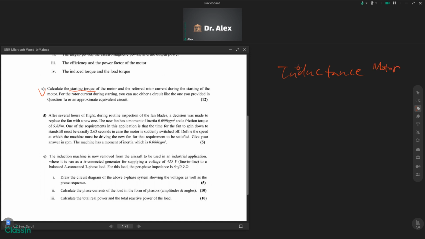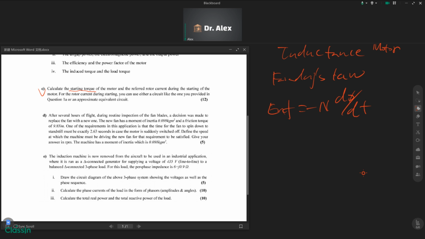As I said previously, the basic physical law for the induction motor is Faraday's law, which is EMF equals minus N d phi B divided by dt. Which means there should be a speed difference which can generate the d phi B divided by dt.